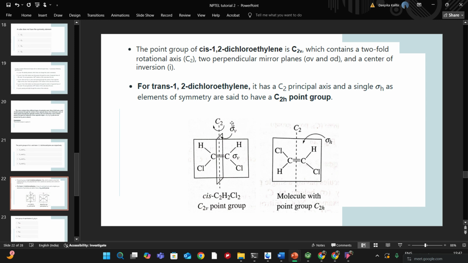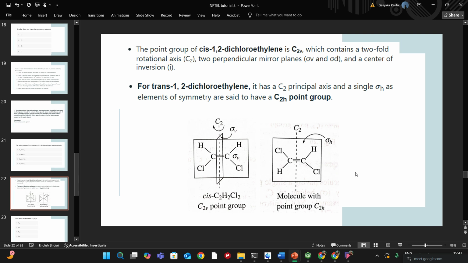So, this is the cis 1,2-dichloroethylene, where you can see the principal axis goes through this side, which is C2, and a sigma V plane which is present in this direction can divide it into two equal halves. Okay, hence the symmetry elements possessed by it are C2 and sigma V.